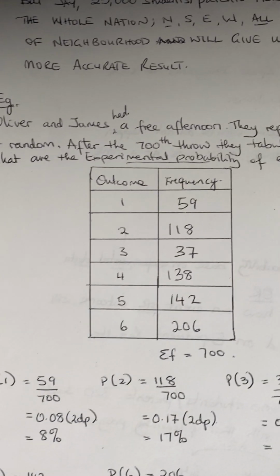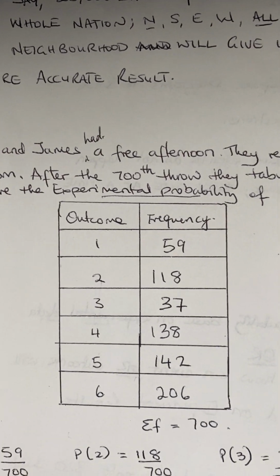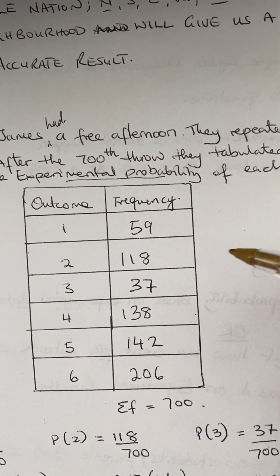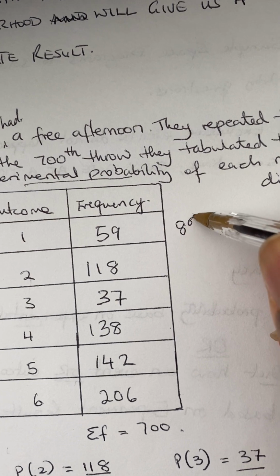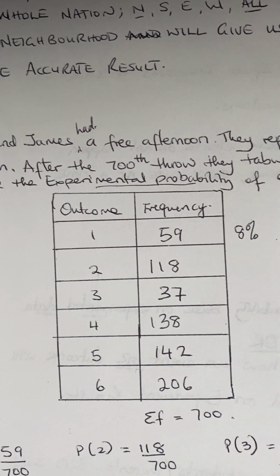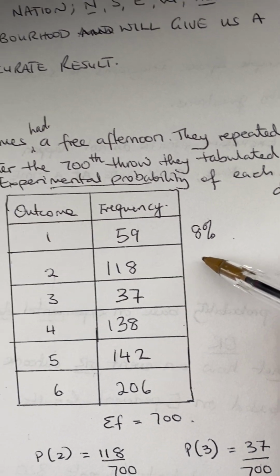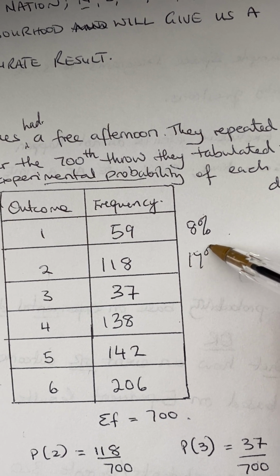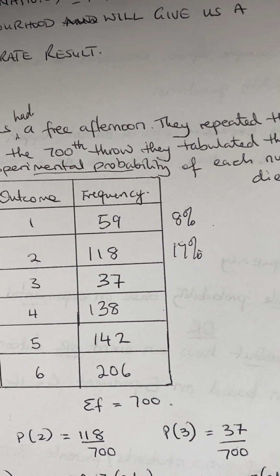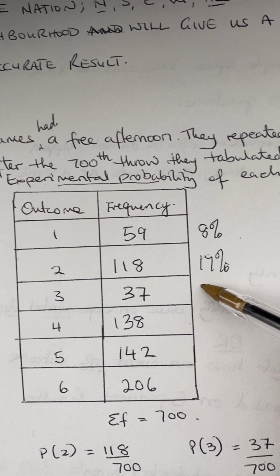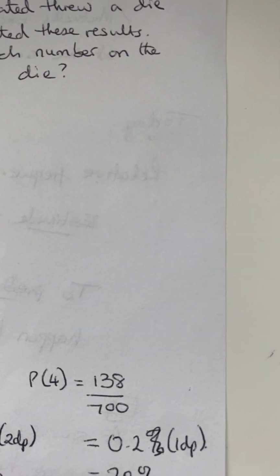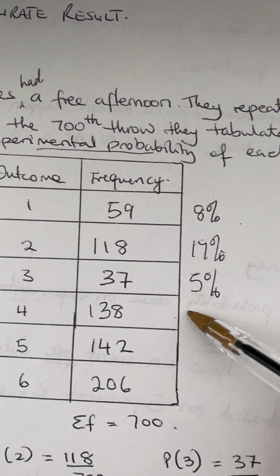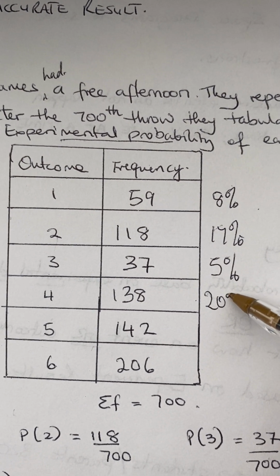So if you have a look, probability of getting a 1 for them is 8%. To get a 2 is 17%. To get a 3 is 5%. To get a 4 is 20%.